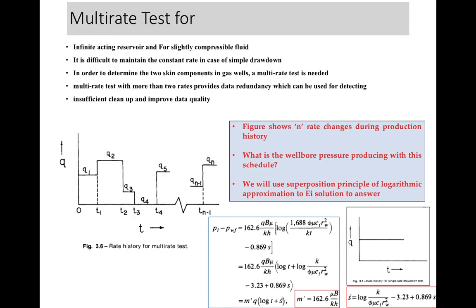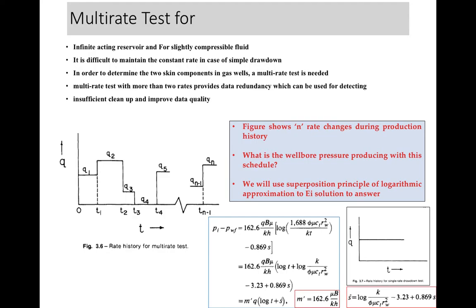Now in the second point, you can see that sometimes it is very difficult to maintain a constant rate in the case of simple drawdown. In simple drawdown, we generally say the rate is constant, right? But if we see physically, this is not true. The rate is variable, and maintaining a single rate is very difficult.